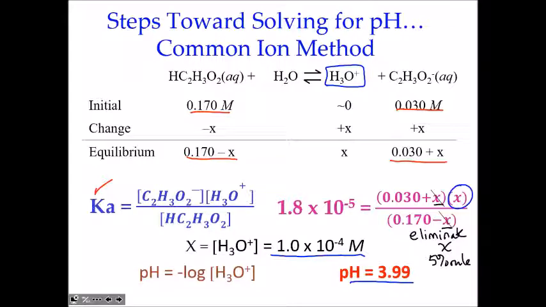Remember, buffers are only going to be weak acids with their conjugate or weak bases with their conjugate. Strongs do not create buffers because they have neutral cations, neutral anions in their formulas, the strong acids and bases. They will not create buffers because their respective other component, their conjugates, do not react with water and they stay neutral.